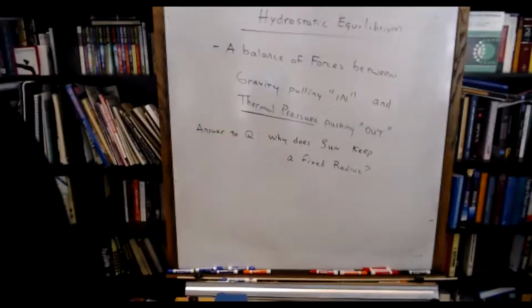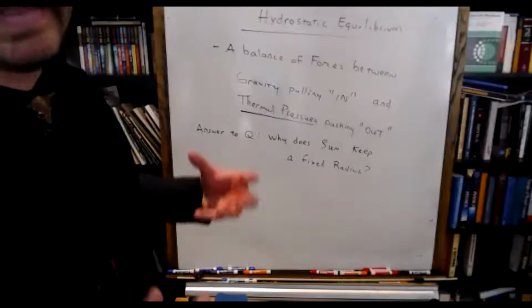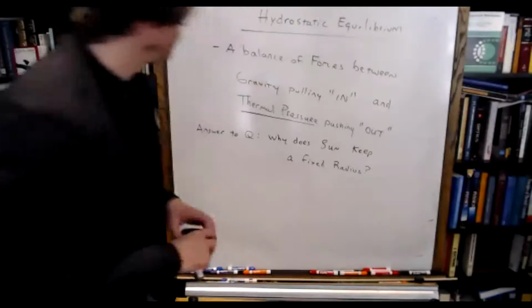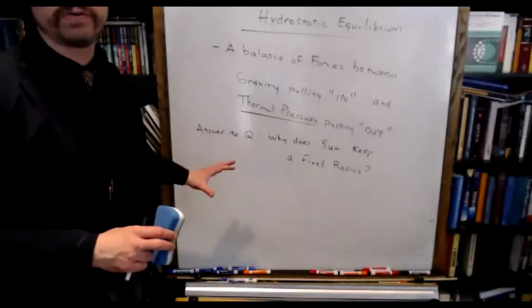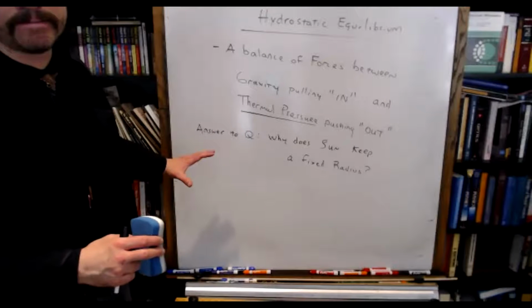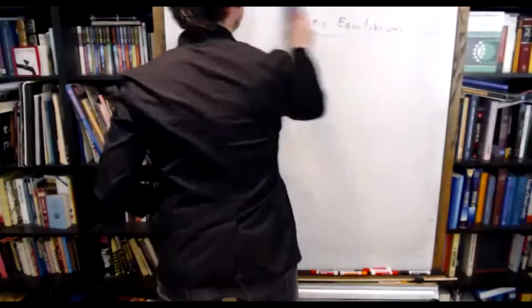And here, when we talk about thermal pressure, we really have to refer to something particular, the ideal gas law, so that we can understand what pressure is. Class, I'd like to erase here, so shout at me if you haven't finished your notes yet. Okay.